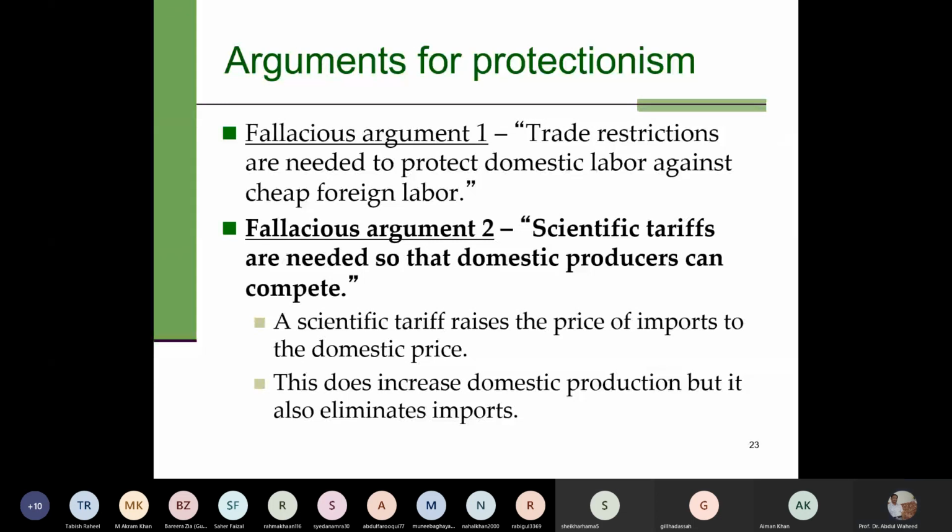So we impose a tariff to raise the price of imports and make it equivalent to the price of the product we are producing domestically. If we are importing a product at a $50 price, but our domestic cost is $60, we impose a scientific tariff so that the $50 is increased to $60. Then we can compete with the foreign producer.